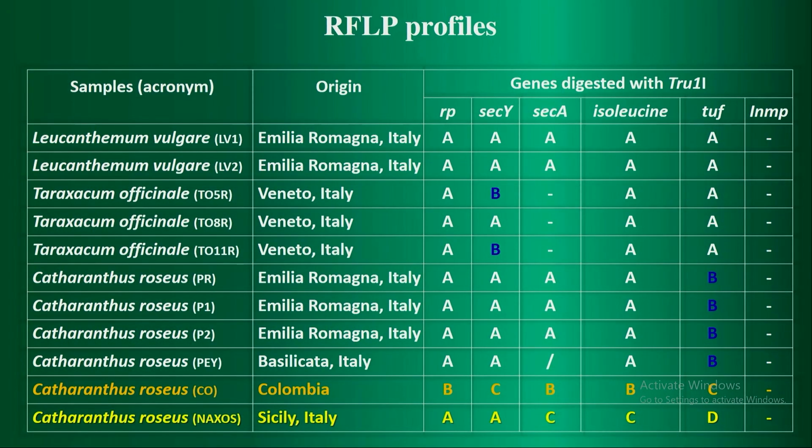RFLP analysis showed that phytoplasma strain 9C used in this work did not always have an identical pattern to each other. Indeed, the sample CO, underlined in orange, periwinkle, was always different from all the other samples, probably because CO came from Colombia.